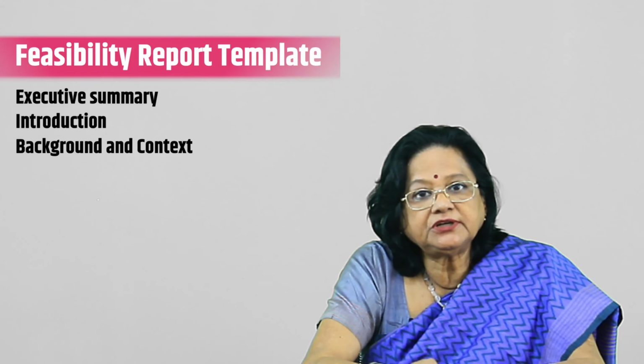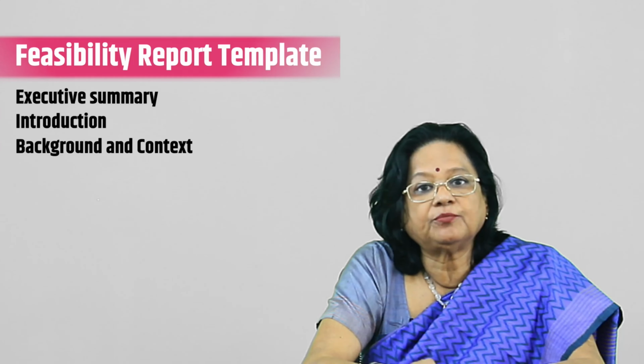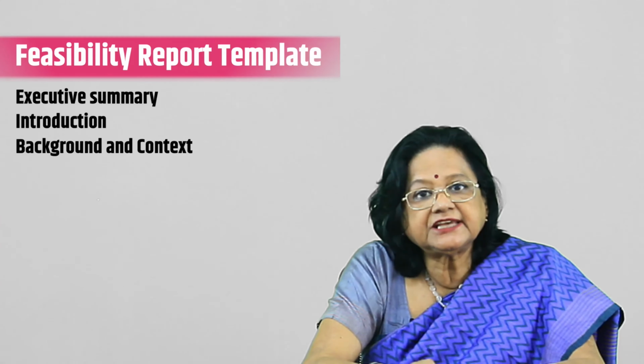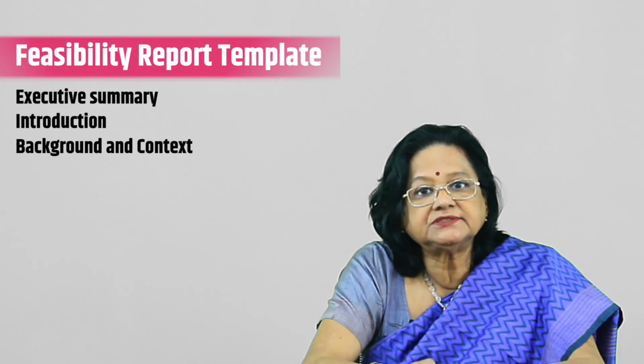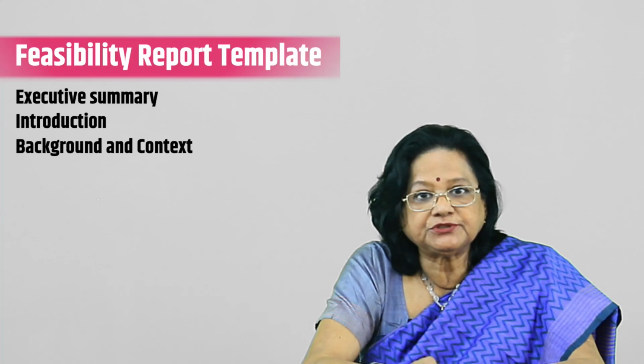If you are evaluating different solutions to a problem, you could explain where the problem came from and how it affects your company. This can prime your audience to understand the feasibility of different approaches.